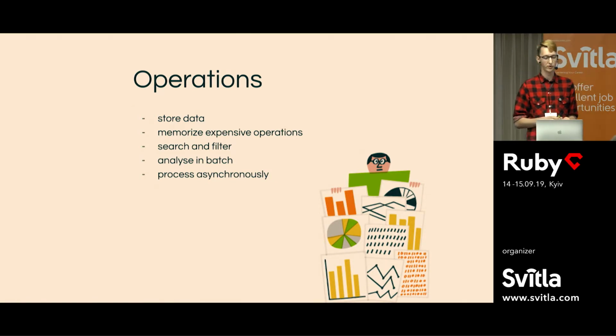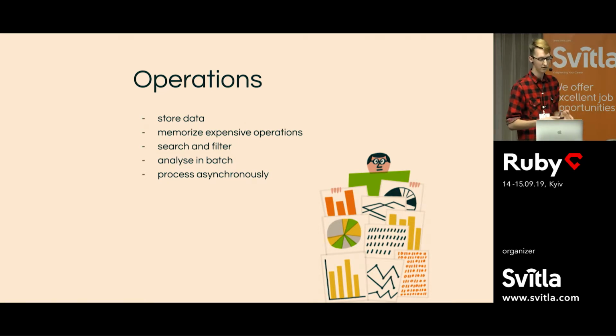We need to remember results of expensive operations to speed up reads. We need to enable search and filtering of the data. We need to analyze large amounts of accumulated data, and we need to send some data to another process so it can be handled asynchronously.